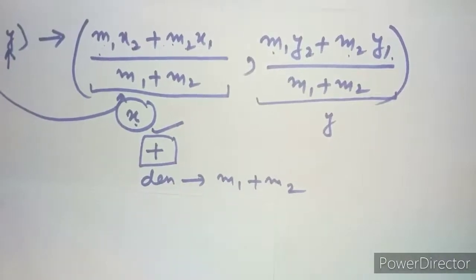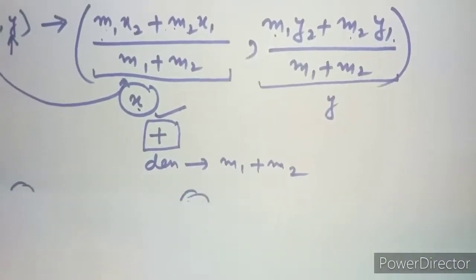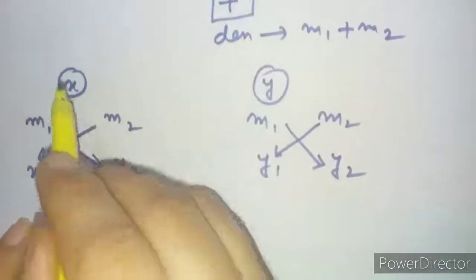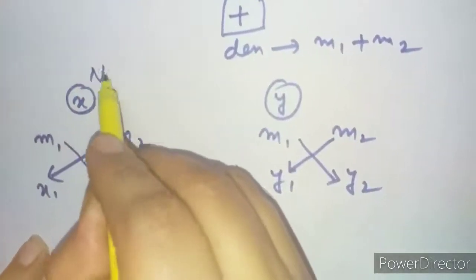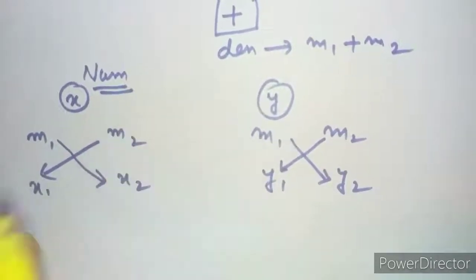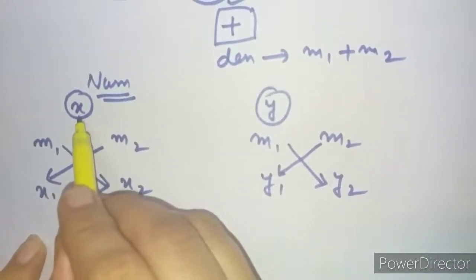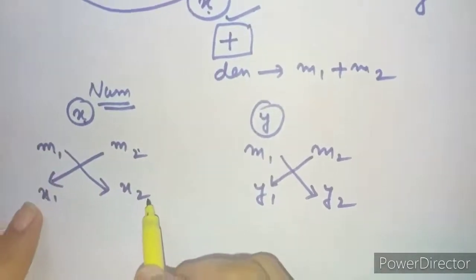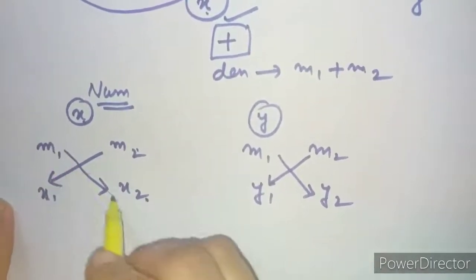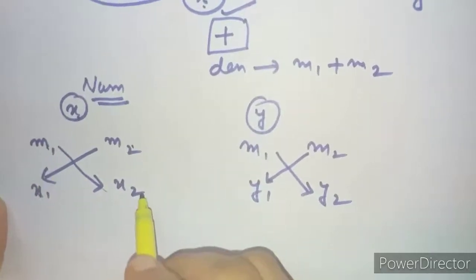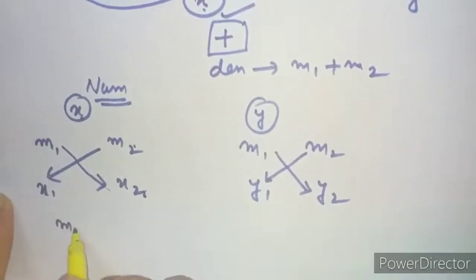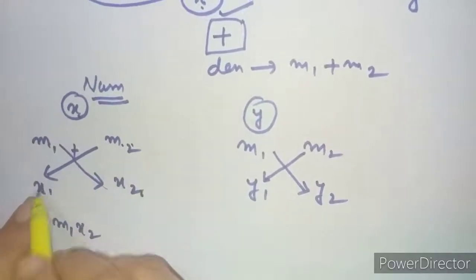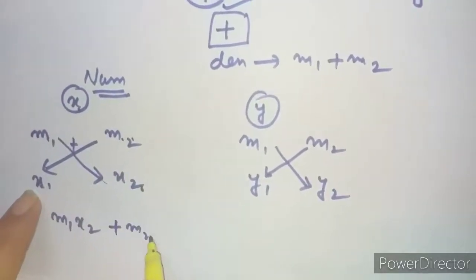Now I have written for you another hint. You can learn with a simple easy way also. This is the hint for x, only to remember the numerator part. When you have to write the numerator of x part, if m1, m2, x1, x2 are written like this, then you simply have to take the cross of these: m1 x2, then you have to add the second part, m2 x1.